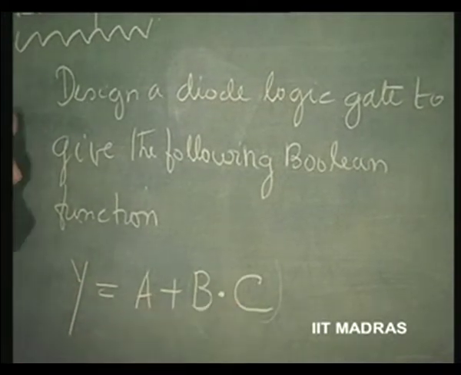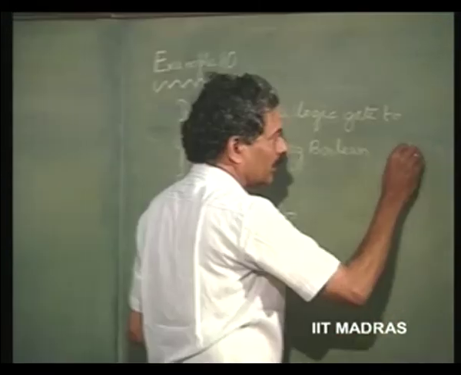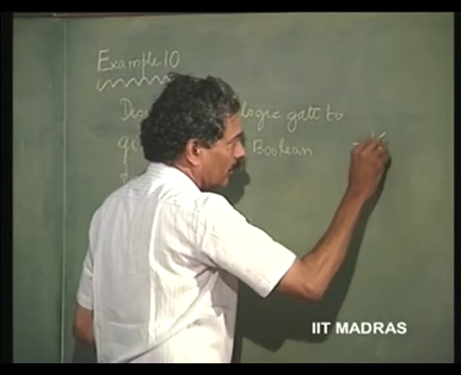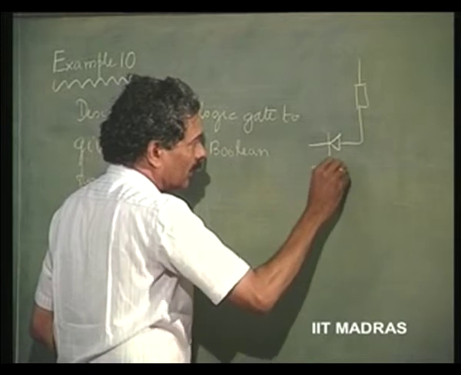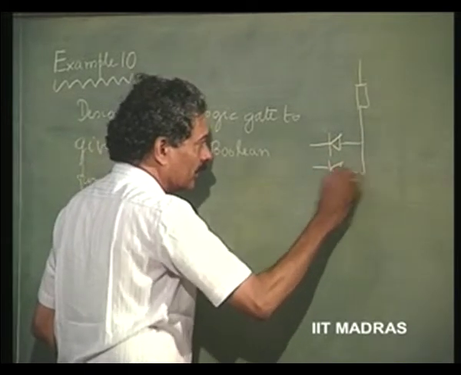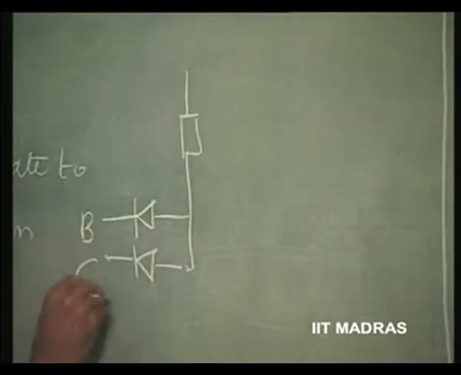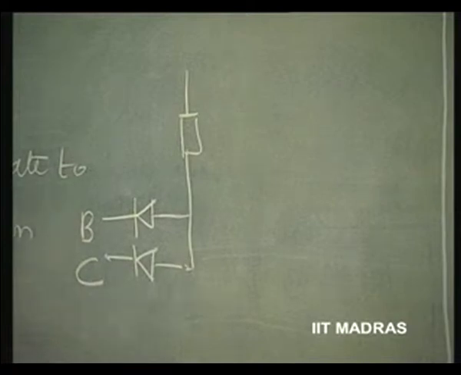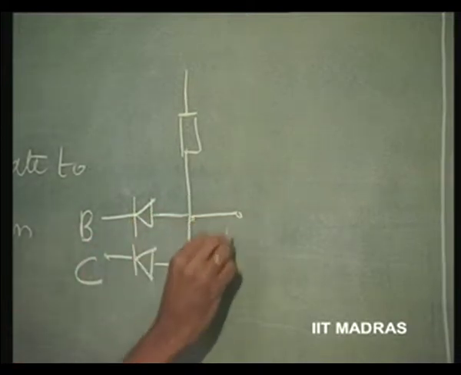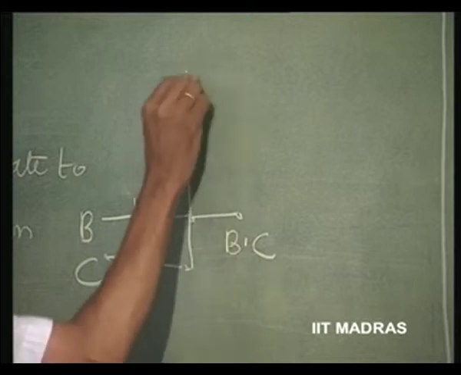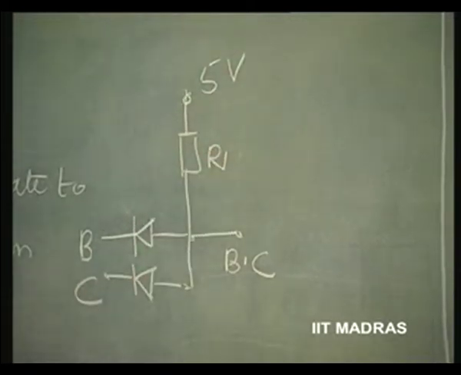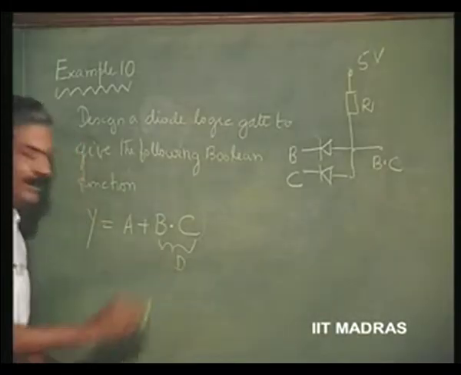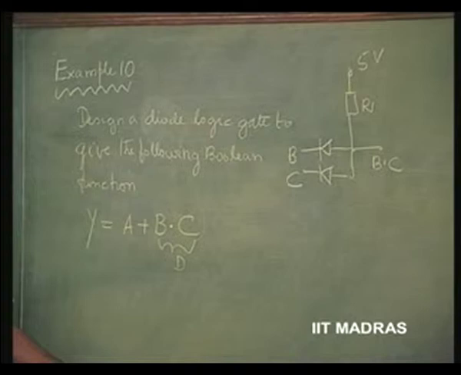First, let us do this b and c. This is a simple AND circuit that will give us b and c as the output. You have got the output, and we will call this d, that is a new variable.